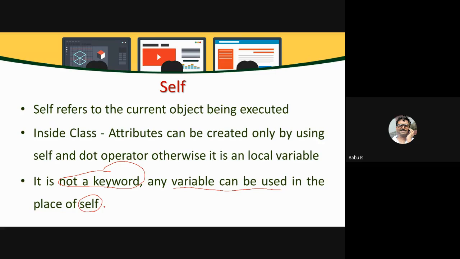Self is not a keyword in Python, so it is not mandatory to use self. It is a common practice that everybody follows, so they use self, but it is not mandatory that you always use self. Instead, you can use any other name.